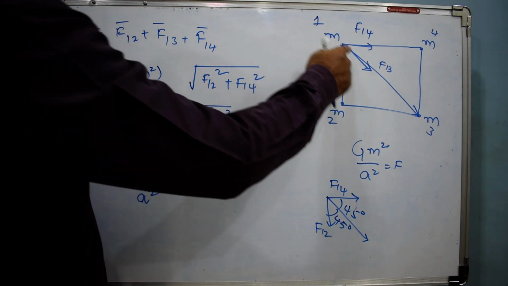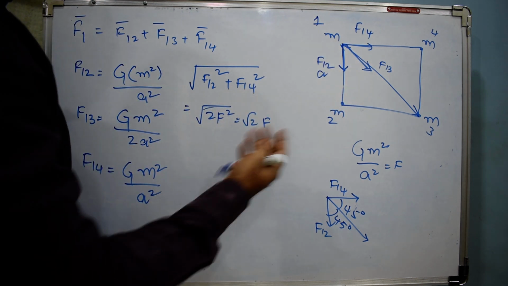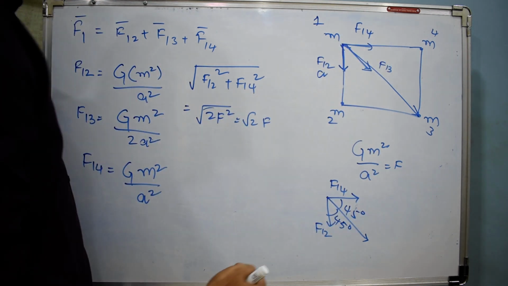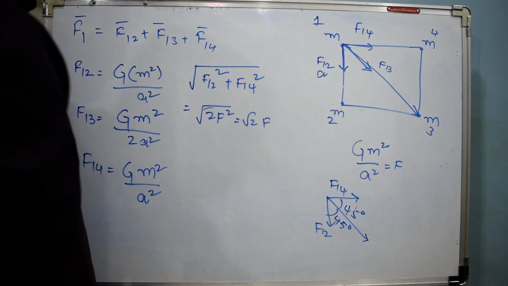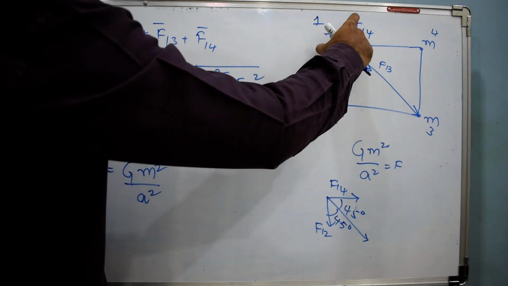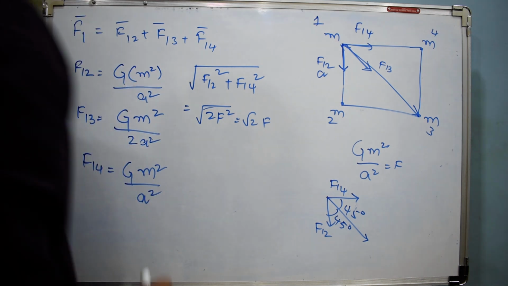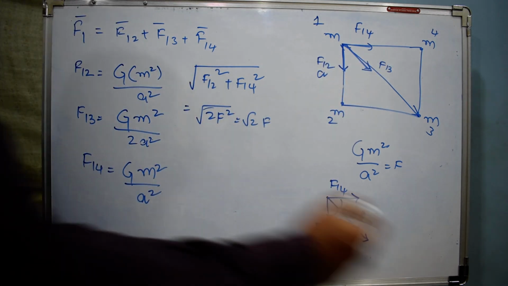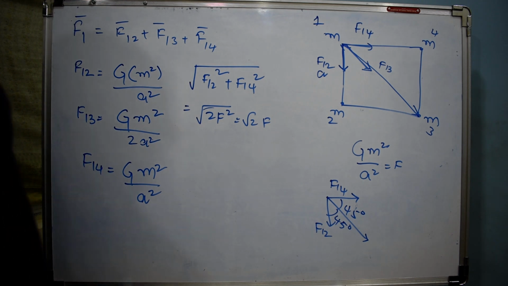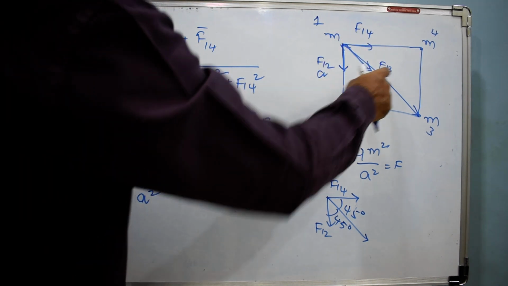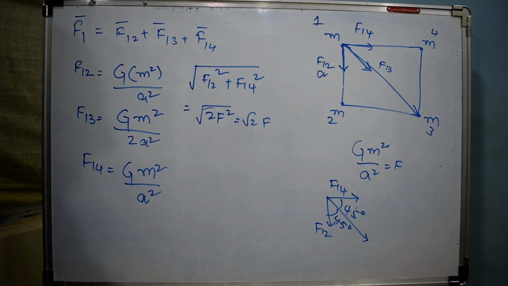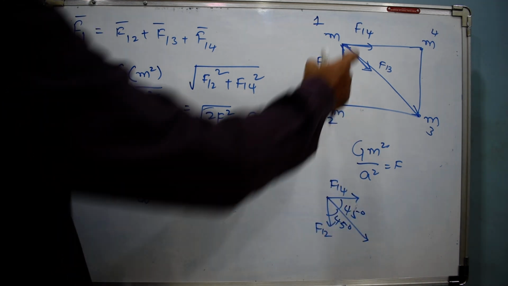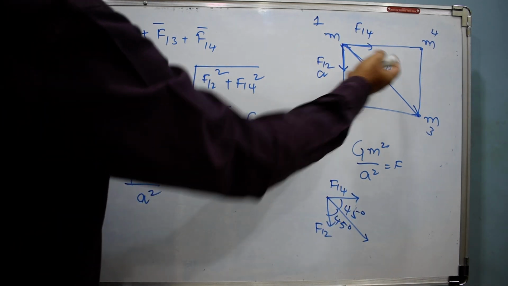Because the diagonal makes an angle of 45 degrees with each of these sides, the resultant of these two forces must be along the diagonal direction, or along the direction of F13. Since the resultant of these two and F13 are in the same direction, the overall resultant is the resultant of these two plus F13.